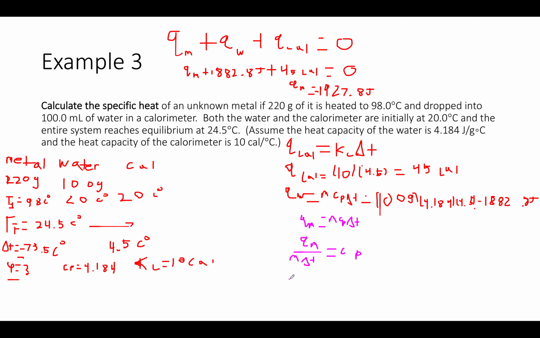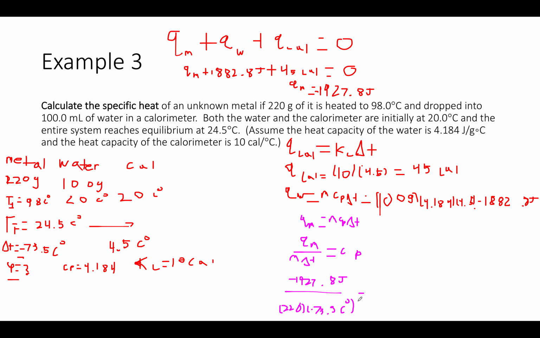Heat of the metal, we just solved for, negative 1,927.8 joules. Mass of the metal, 220. Delta T of the metal, negative 73.5 degrees Celsius.